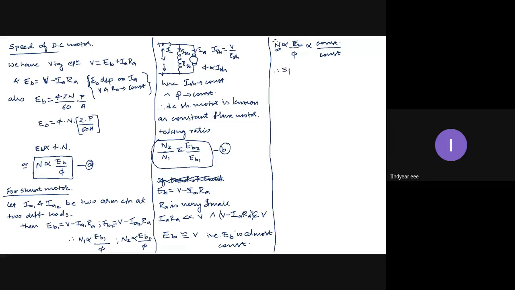Therefore, speed is almost constant, because EB is almost constant. It will vary, I don't say it won't vary, but the variation is very small. EB2 minus EB1 is very small. So DC shunt motors are known as constant speed motors.